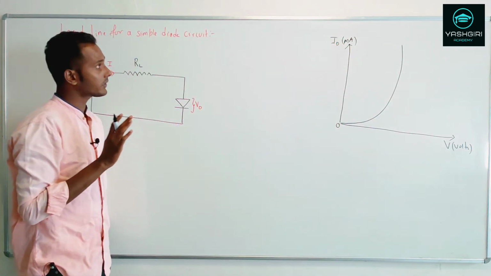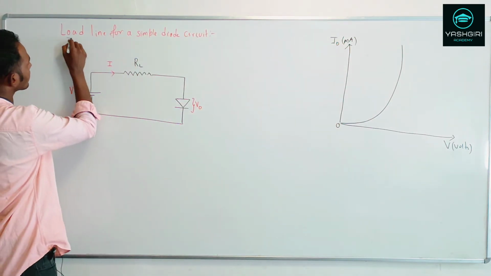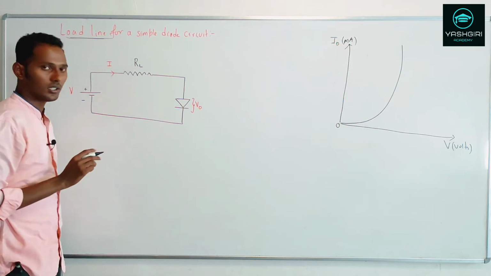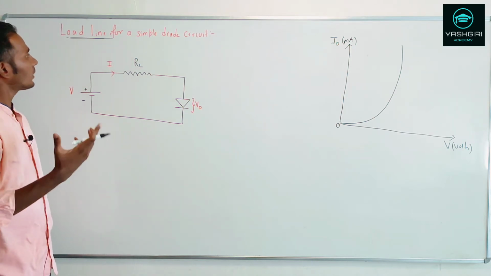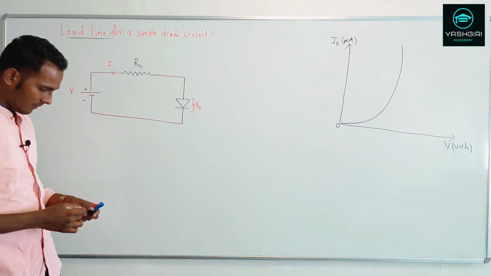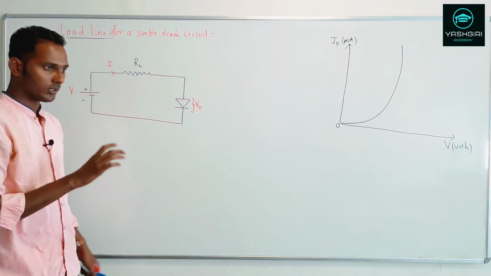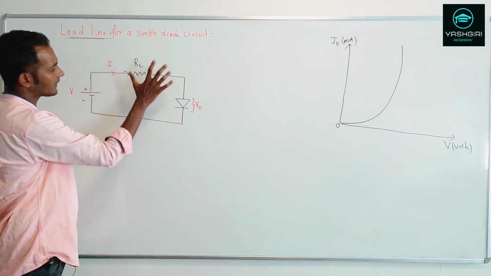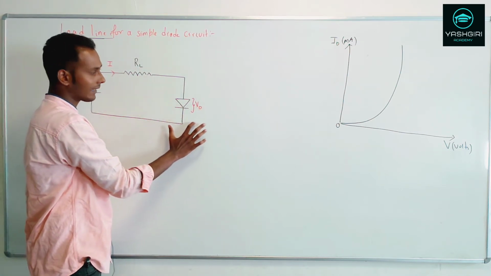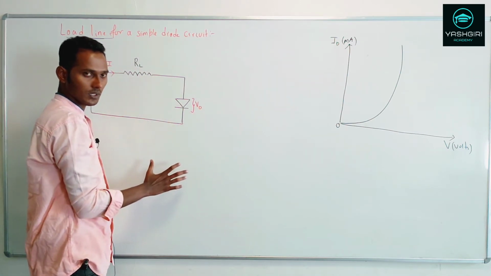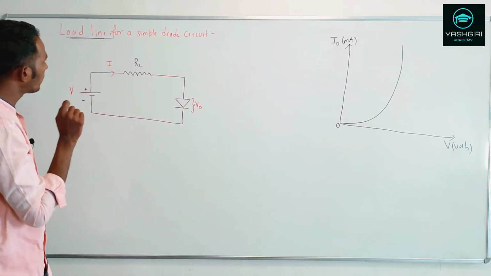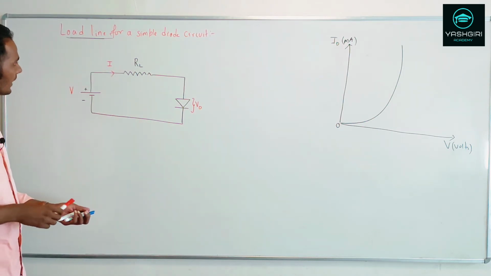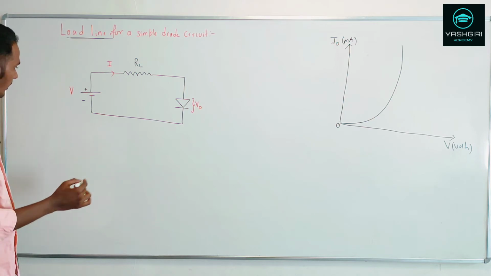We are focusing on the load line analysis for the simple diode circuit. Now what exactly is the load line? Load line basically represents the response of the linear part of the circuit when it's connected to a non-linear electric device in the circuit.